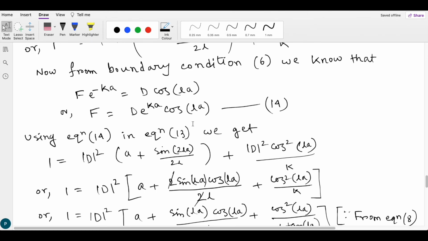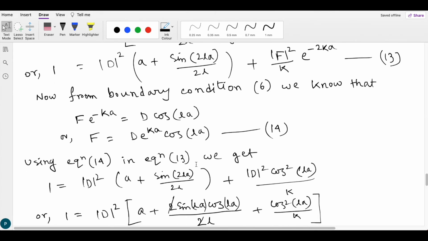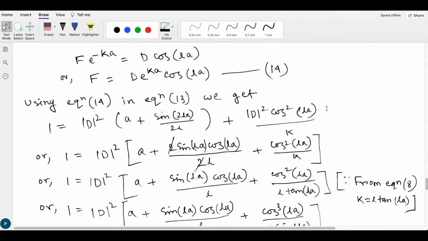Using equation 14 in equation 13, we get 1 equals d square. The first part is the same, and we are just replacing f square by d square e to the power 2ka cos square la, and e to the power 2ka cancels out with e to the power minus 2ka, and we are left with this equation.